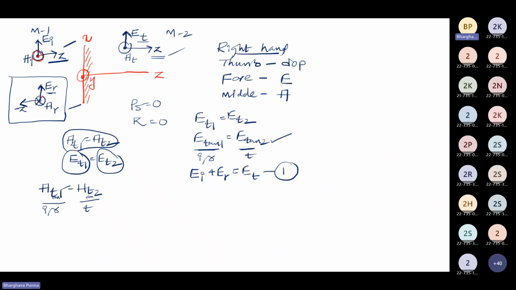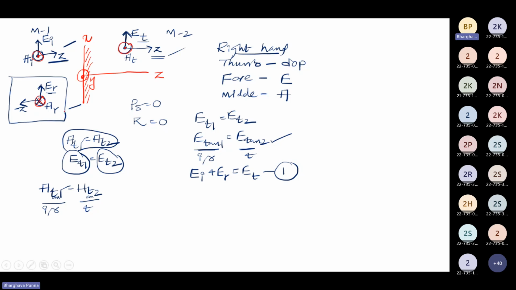Similarly, HR is going into the screen, perpendicularly going into the screen. So it is also parallel to the boundary. HI is parallel to the boundary, HR is also parallel to the boundary, and HT is also parallel to the boundary. It is coming out of the screen, and XY plane is infinitely long enough so that HT is also parallel to the boundary. So HT, HI and HR are all tangential components.